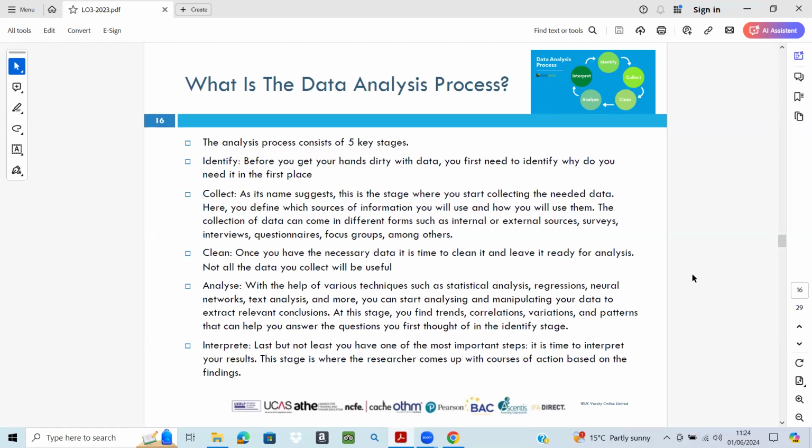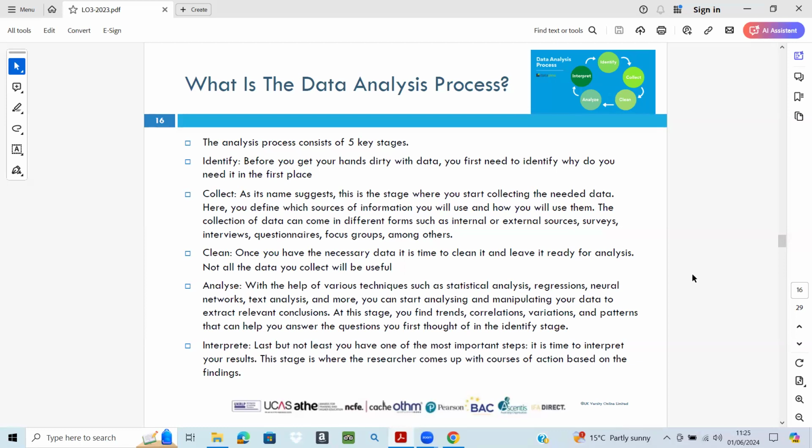Then we have data gathering as well. Collect the necessary data and ensure it is relevant, accurate, and complete for analysis. Data collection can take various forms and may involve acquiring data from various sources.